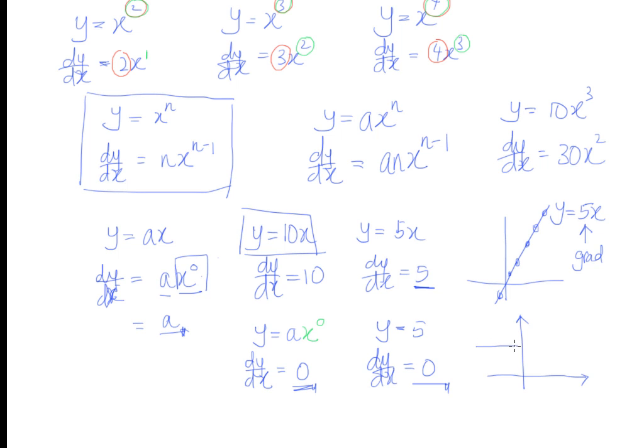In fact, it is a horizontal line, which looks a bit like this, y equals to 5. So if we are interested to find the gradient of this line, at every point the gradient will be the same, it's a flat line. And remembering that gradient is actually a measurement of steepness, a flat line is not steep at all, and therefore the gradient is 0.